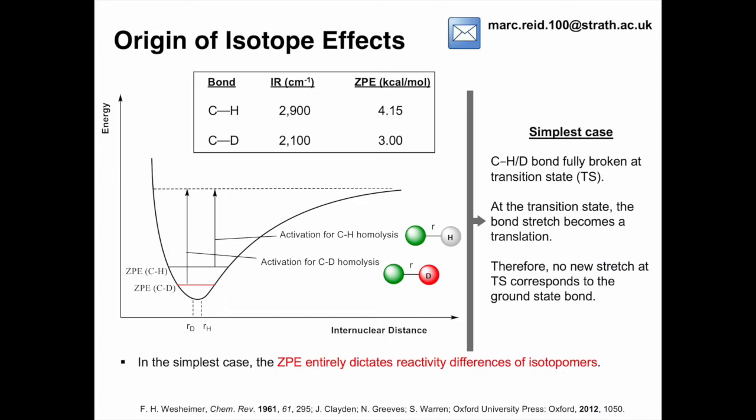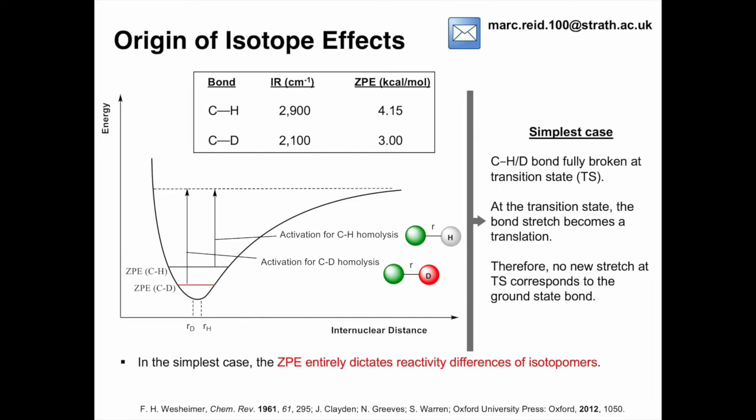Let's return to the Morse curve with a focus on carbon-12H versus carbon-12D. At the top, we can now see the differences in IR stretching frequencies and 0-point energies that derive from our previous discussion on reduced masses.